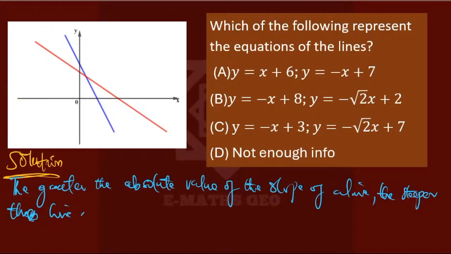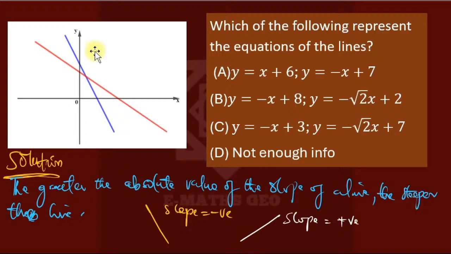Again, a line that slants this way has a negative slope, and if it slants this way, the slope is positive. We've done this in forms of slope.